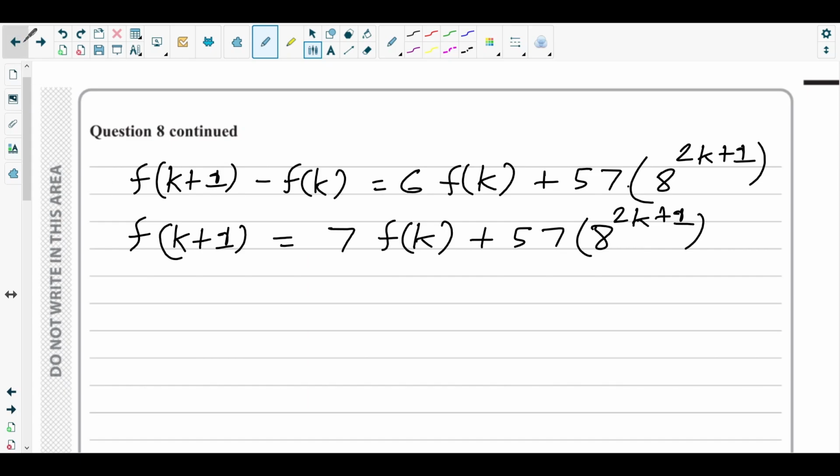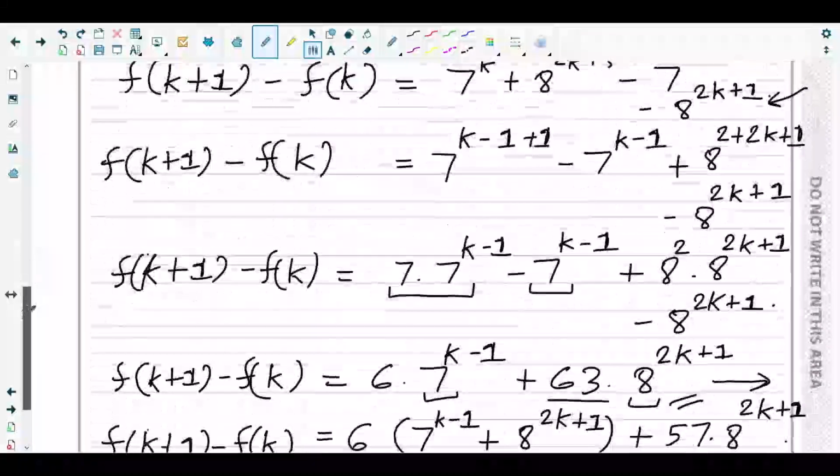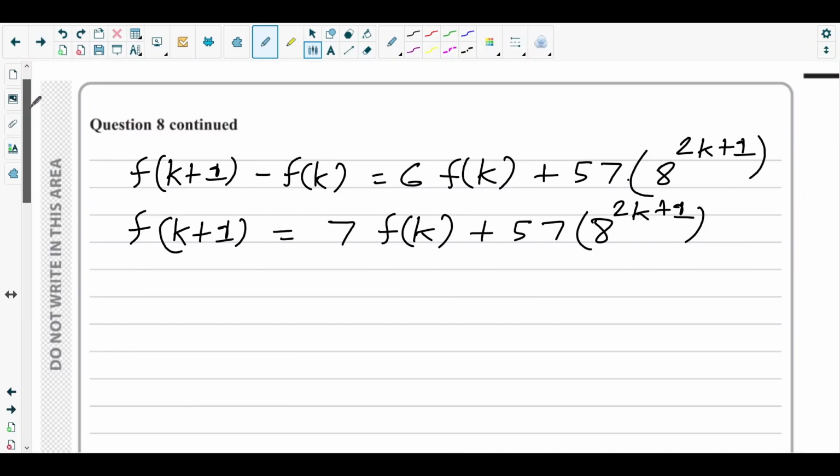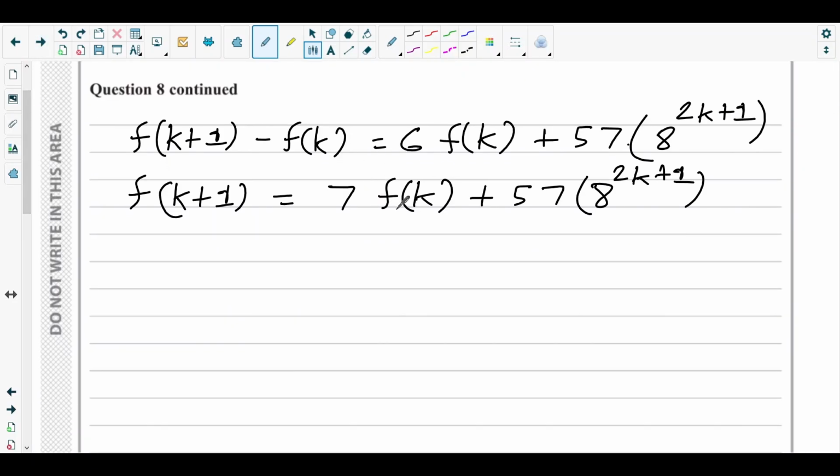Okay, so we had 6 f of k, and now we got 7 times f of k plus 57 times 8 to the power 2k plus 1. That's how we got the equation for f of k plus 1. So what can you deduce from this equation?